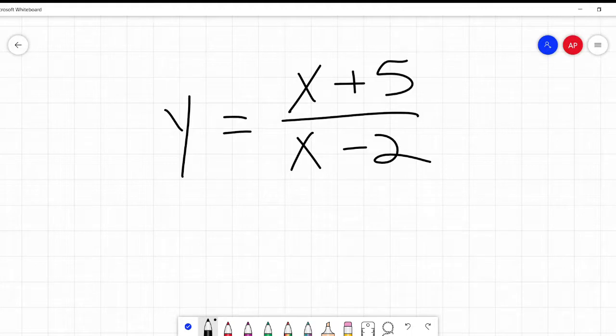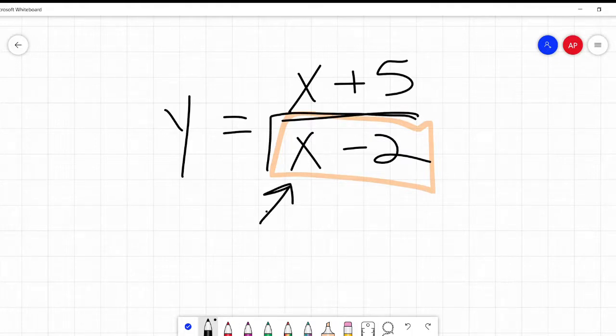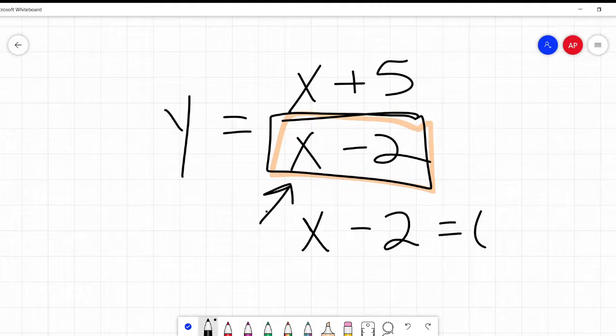Excuse me, got the hiccups. And this being the denominator where you have x minus 2, putting aside anything else about this problem, you would want to recognize and register, 0 can't be on the bottom. I can't be dividing by 0. So when x minus 2 equals 0, that's a bad thing. We can't have that happen.